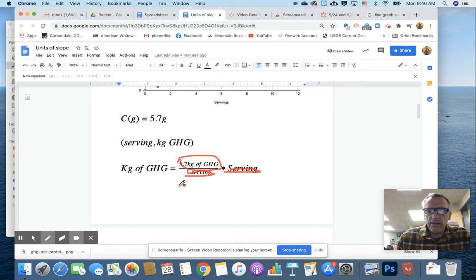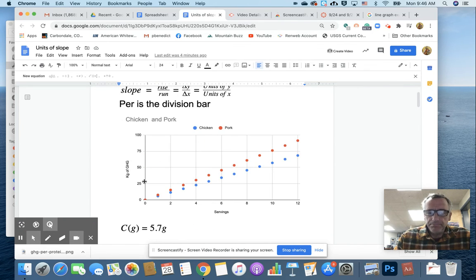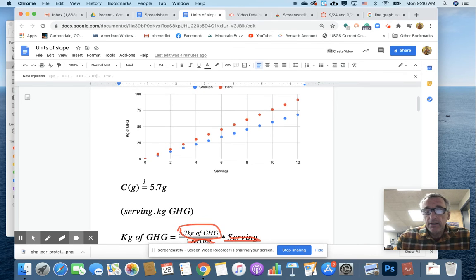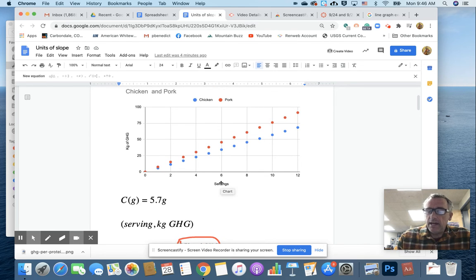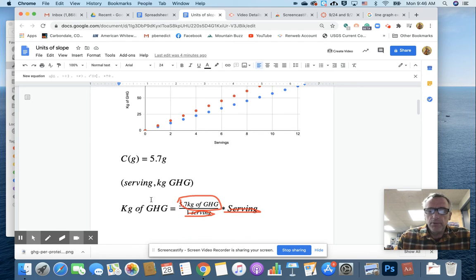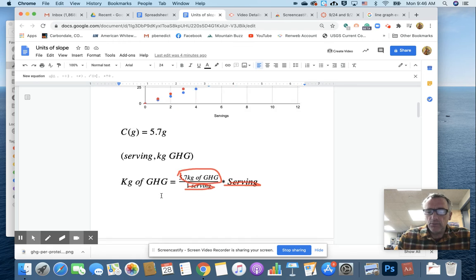Okay, and we can always figure out the units of slope simply by looking at the x and y axes and saying servings goes on the bottom and kilograms goes on the top, or by looking at the x and y coordinates.